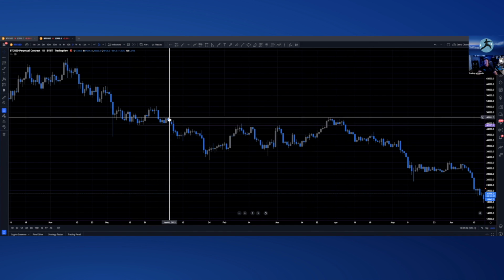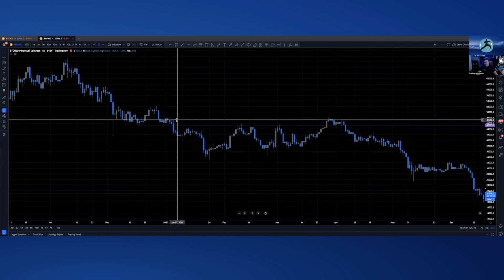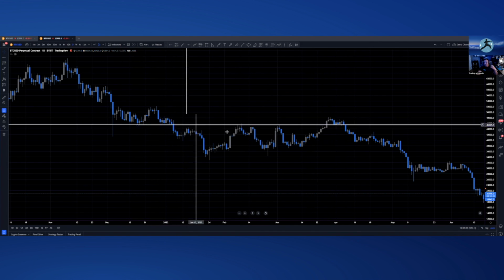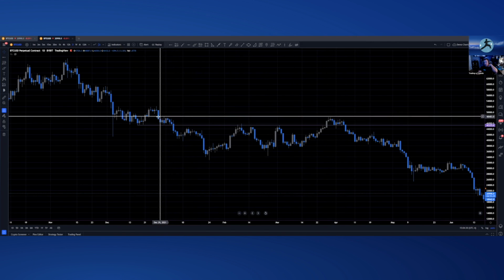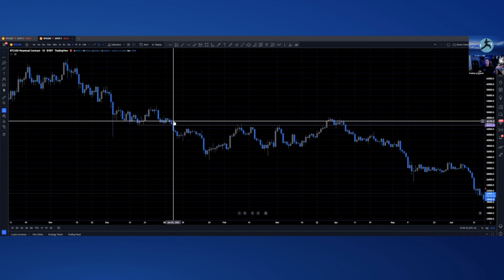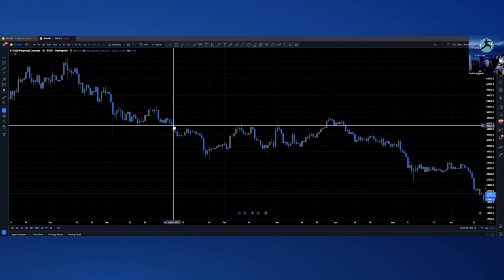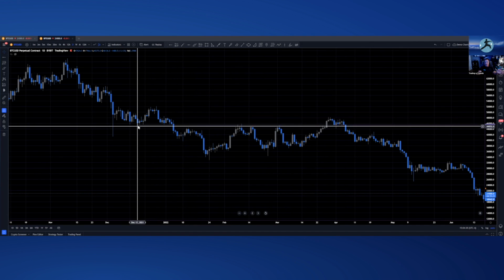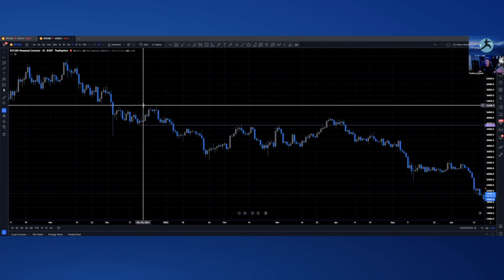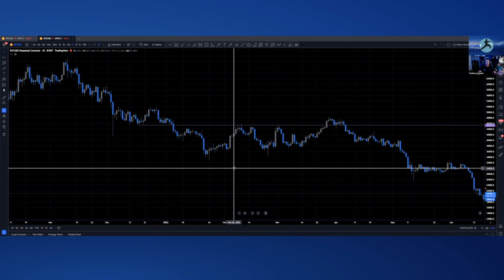There's lots of different ways to look at it, but this was the better play, being a little bit more patient and waiting. And it all started with this candle closing through that level that we needed to lose to signify that we were continuing our move down.